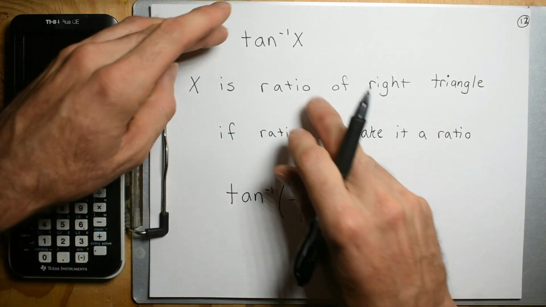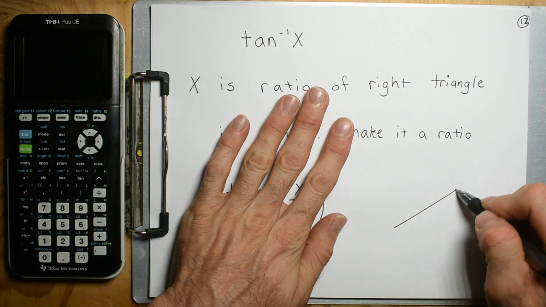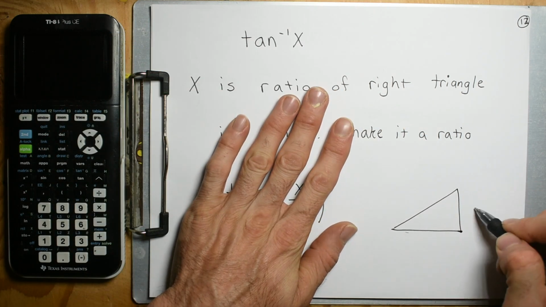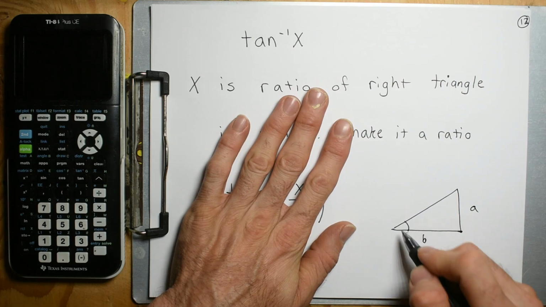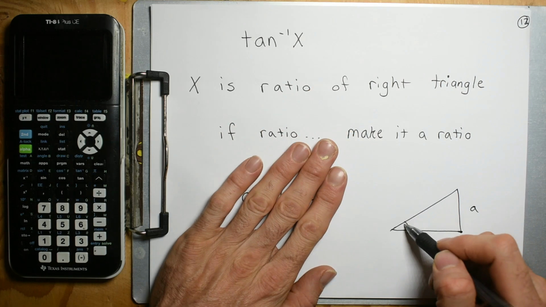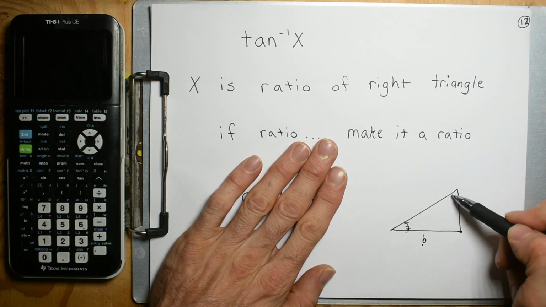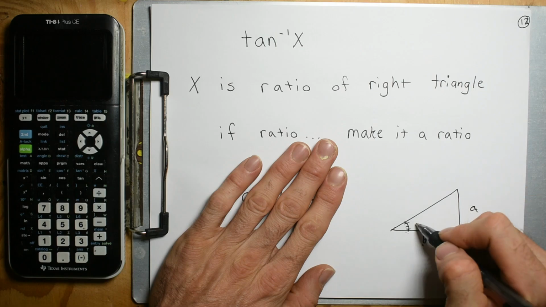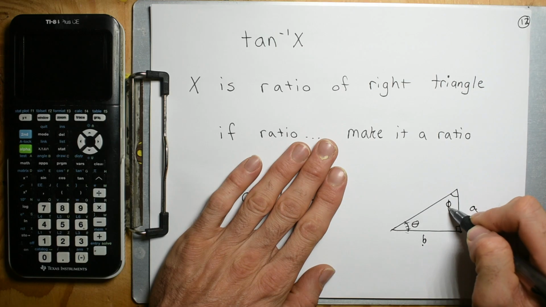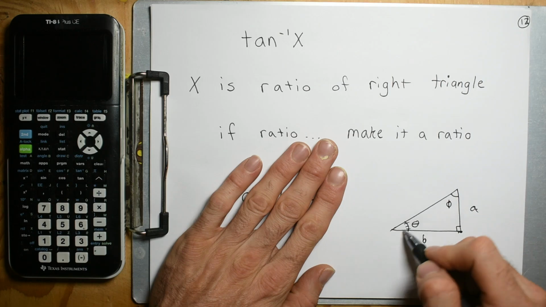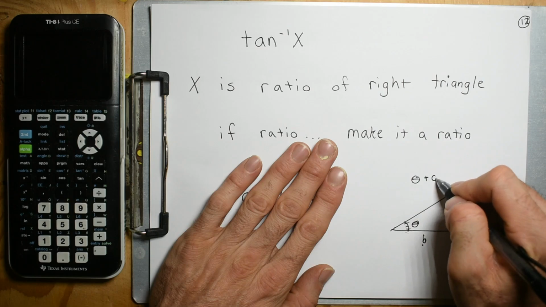Anyway, so inverse tangent of x. X is the ratio of a right triangle. Just draw a right triangle. It's the ratio of opposite over adjacent. So if this is the angle, this has to be the opposite, this has to be the adjacent. We're going to call this theta. For a right triangle, it's good to draw your two angles. This is 90, so you only have two angles, and these two are going to equal 90.